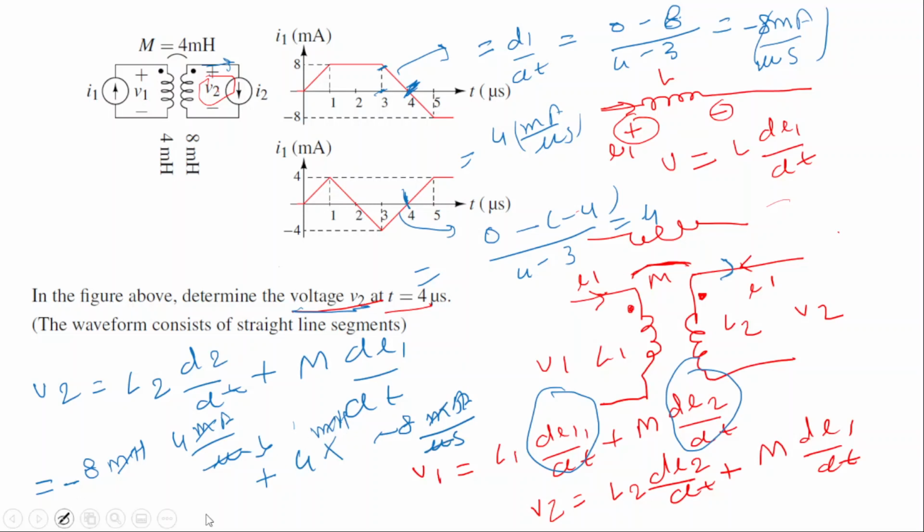So the milliampere gets cancelled with the microsecond. What remains is -8 multiplied by 4 minus 4 multiplied by 8, so the answer will be -64.